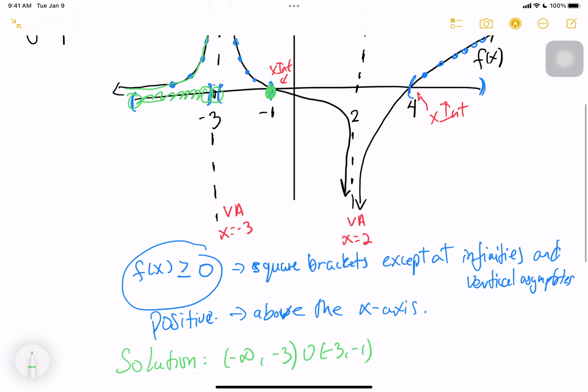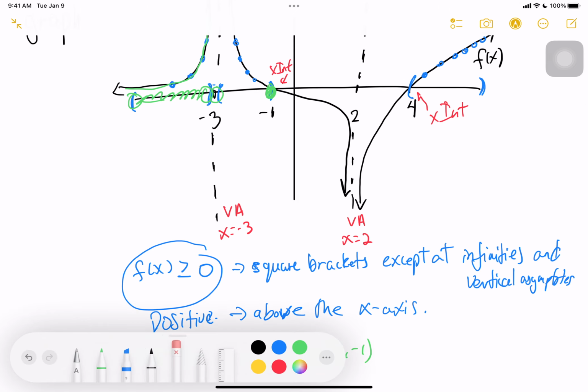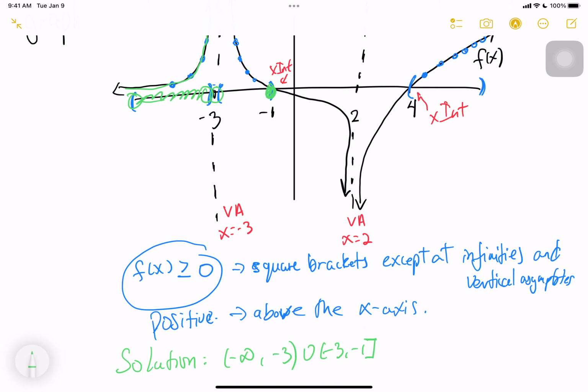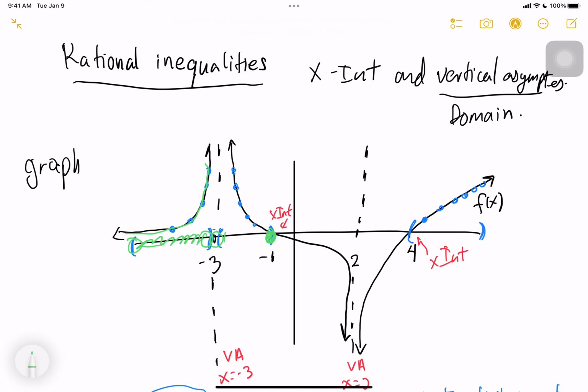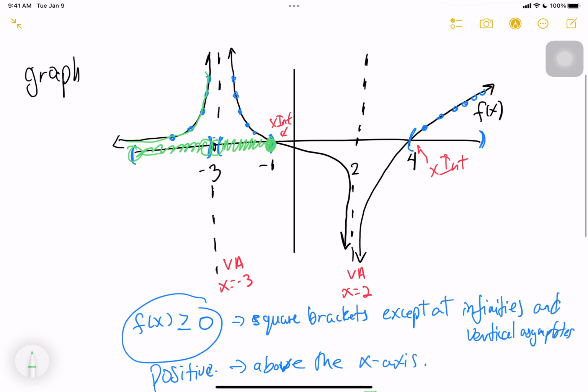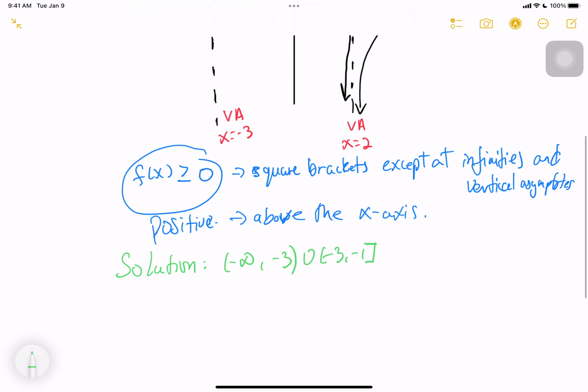So the negative 1 needs to be a square bracket. Open circle from here to here. And then from closed circle 4 to infinity. And that, my friends, will be the solution for my inequality from the graph.